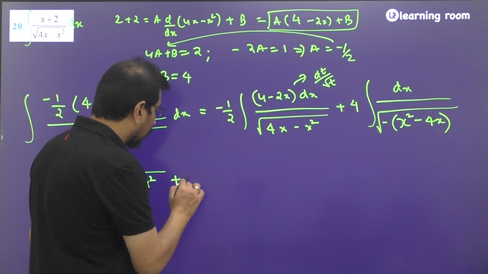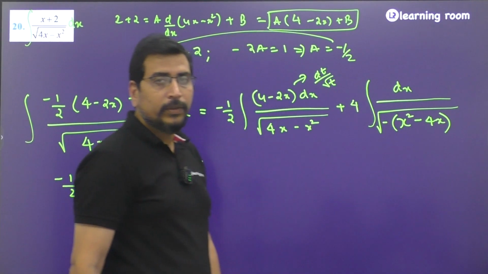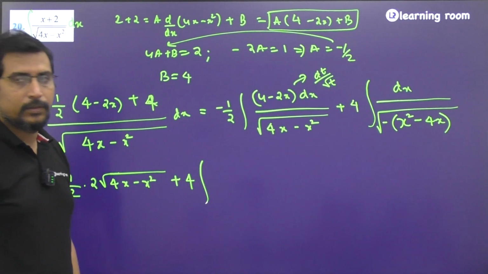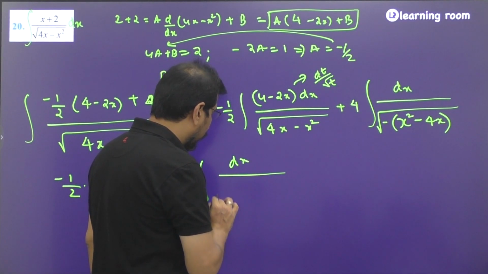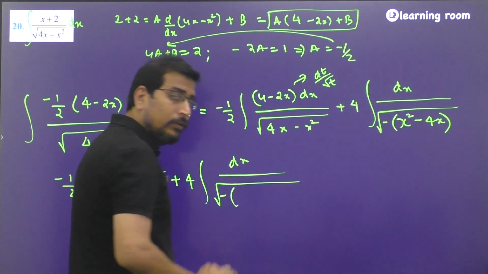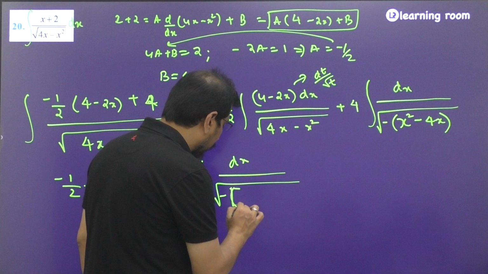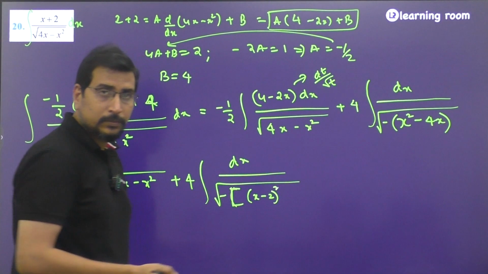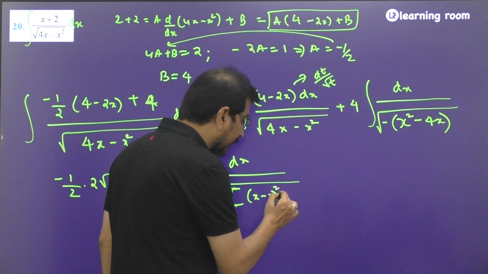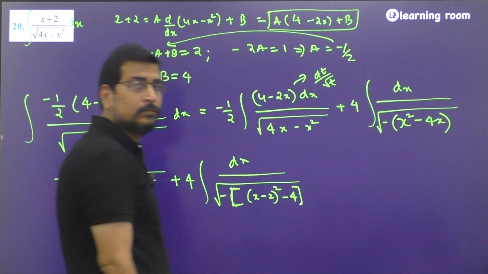Plus 4 into the integral of, this one we can solve using the completing the square method, right? So you will get dx divided by the square root of negative of x minus 2 the whole square minus 4.